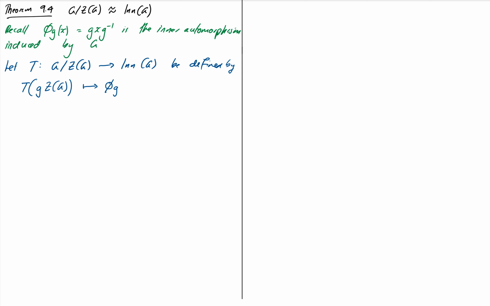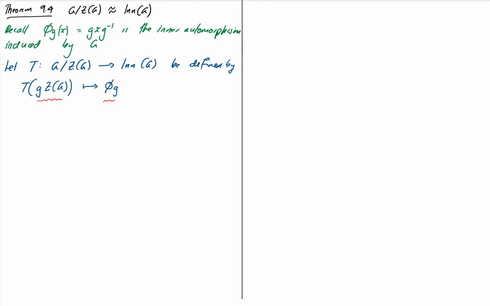Remember a couple of things. If we chose a different coset representative, we can still get the same coset. So I could choose G1 and G2 to be different representatives out the front here, and still have the same coset. And likewise, when we first studied inner automorphisms, we discovered that some of the inner automorphisms are actually the same thing.